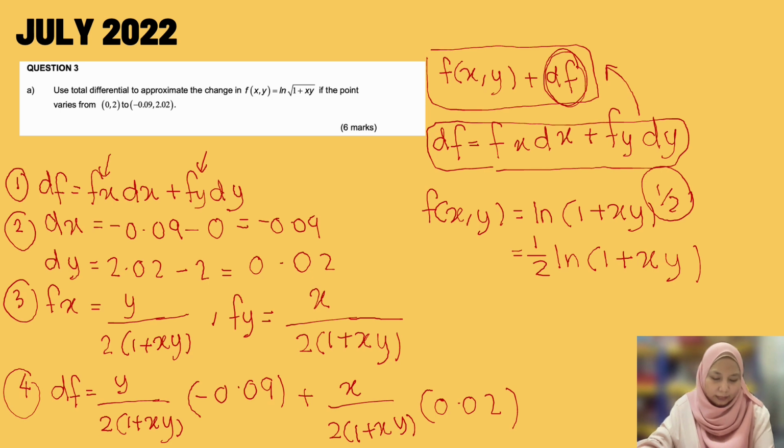Now we will substitute the first values, 0 and 2, as our x and y. The point is (0, 2). We substitute our x naught and y naught in each place. So we continue on the next page.